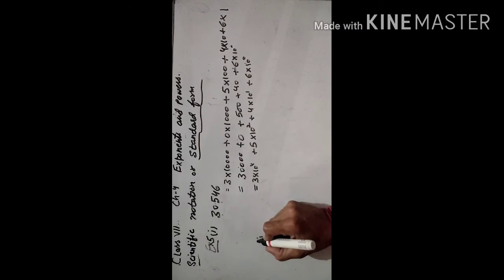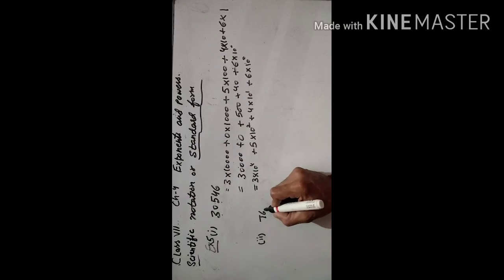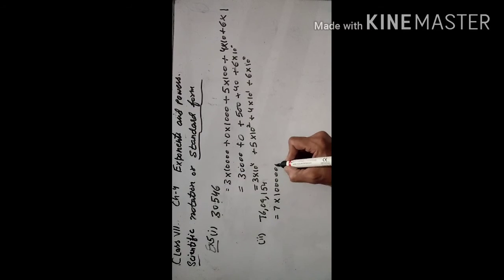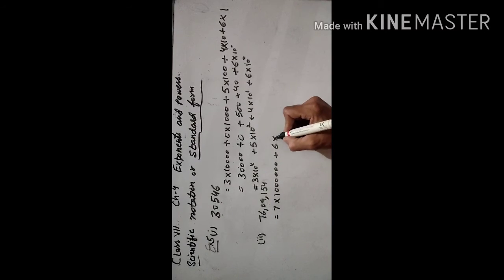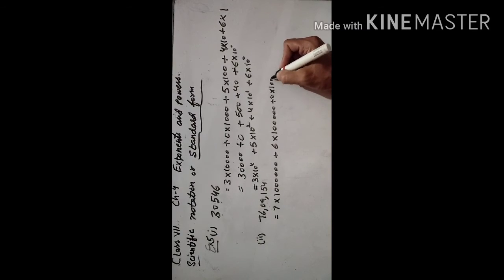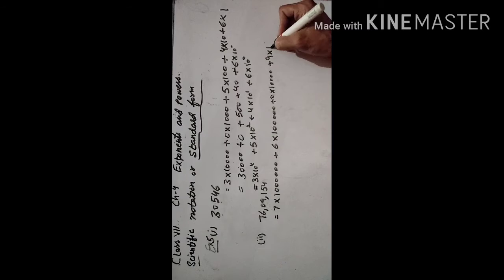Now the second part is 7609154. That is equal to 7 into 1,000,000, plus 6 into 100,000, plus 0 into 10,000, plus 9 into 1000, plus 1 into 100, plus 5 into 10, plus 4 into 1.